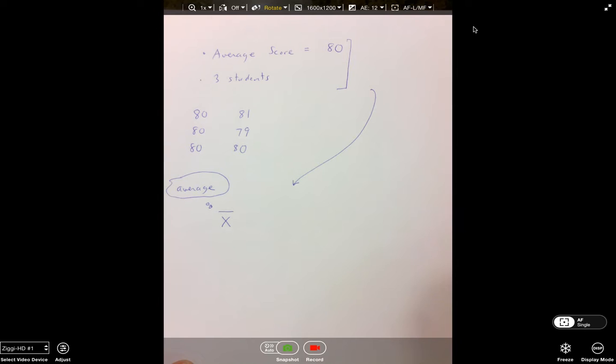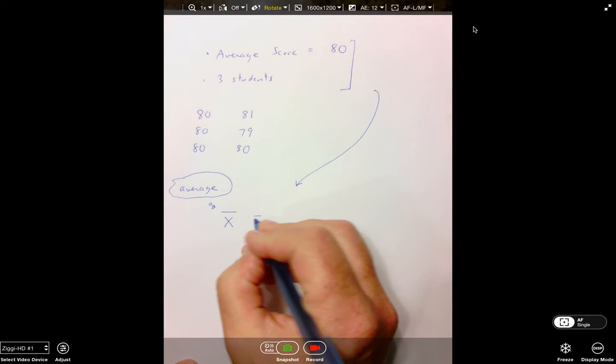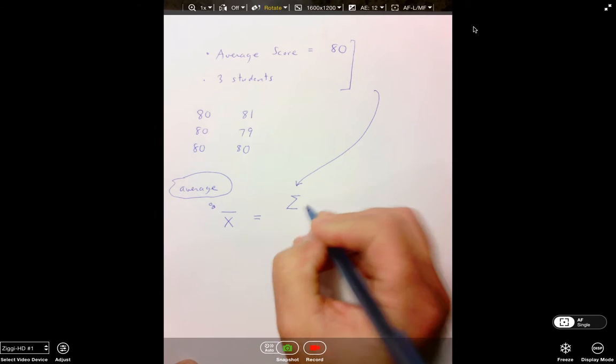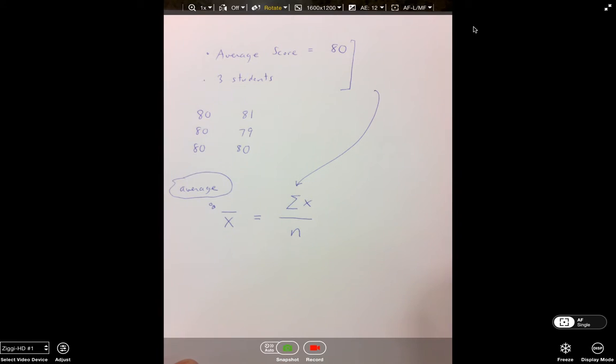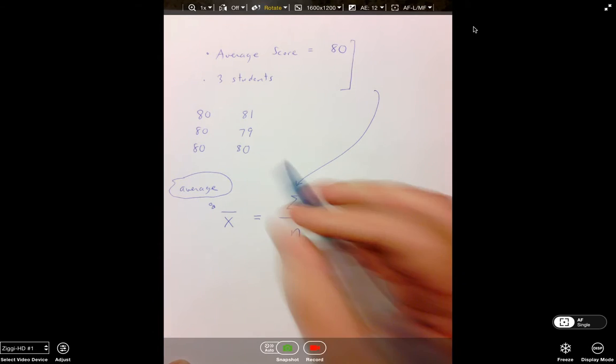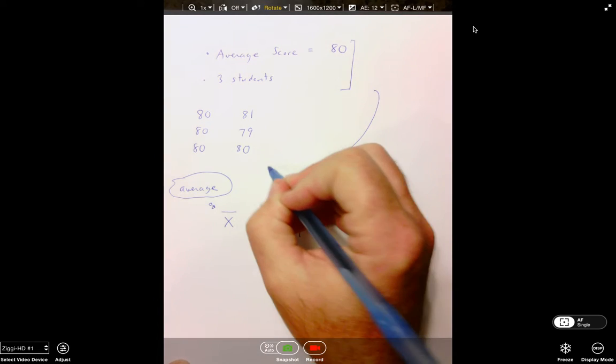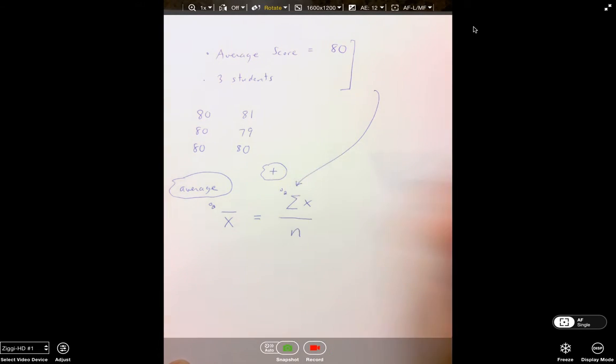We'll call that the mean, which is just a fancy way of saying the average. The average score can be found by taking the sum of the scores. Now, this summation sign, a lot of people in sororities and fraternities, it means one thing, but in mathematics it means something else. All it means in mathematics is to add.